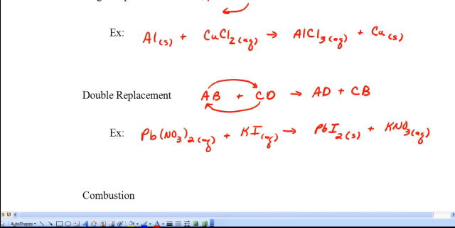So again, notice that the lead swapped out with the potassium, and the potassium swapped out with the lead. So there's your double replacement.